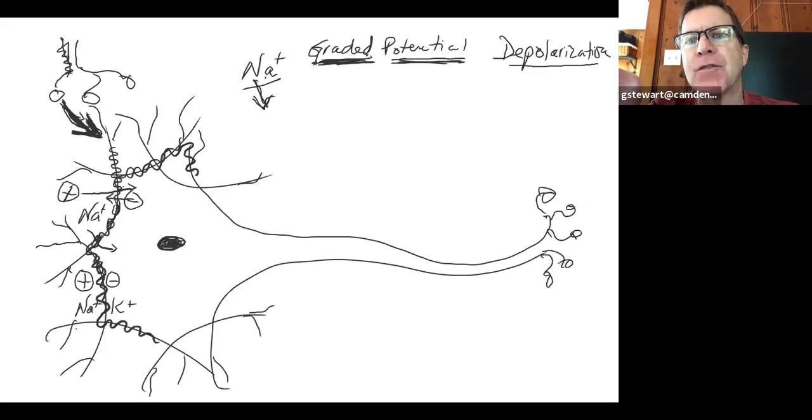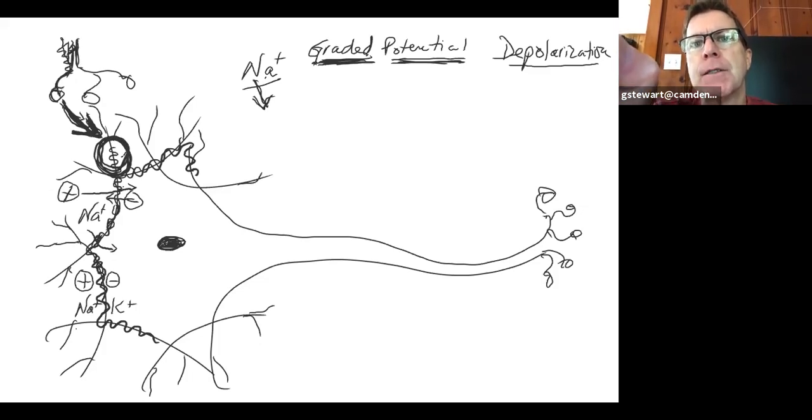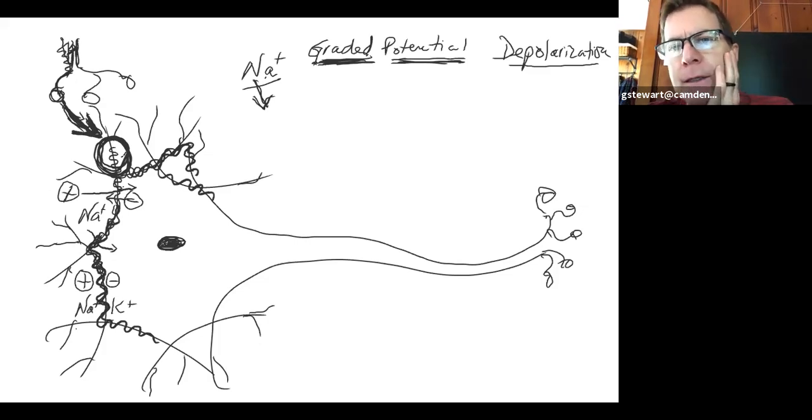It emanates from the site of stimulus. So this neuron up here is releasing its neurotransmitter. It's binding to the surface of this resting neuron, and that causes a ripple of depolarization along this membrane from the site of stimulus away from that site. We call that a graded potential.